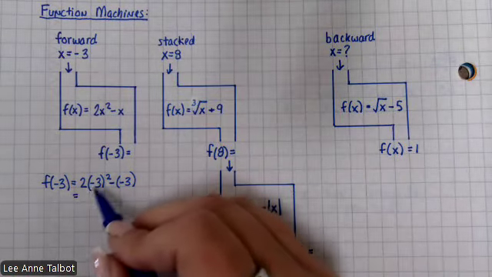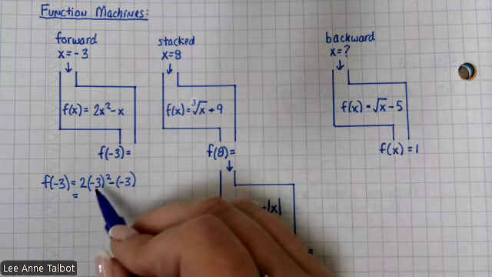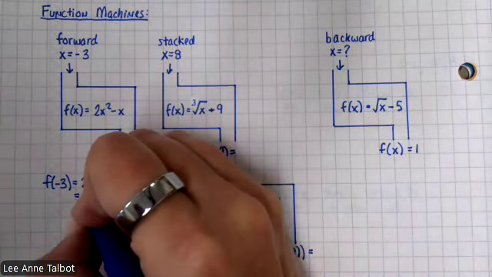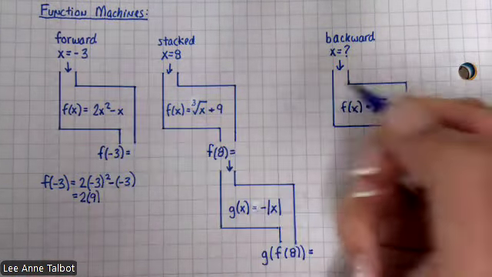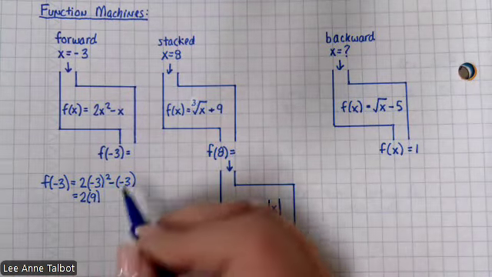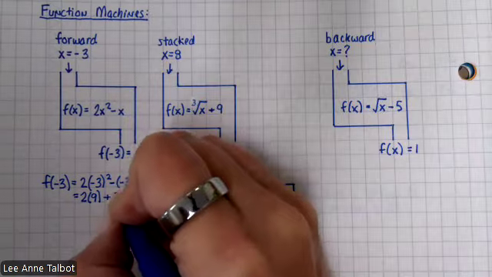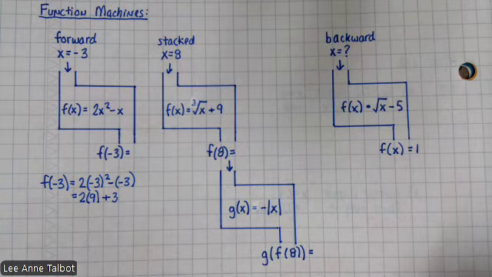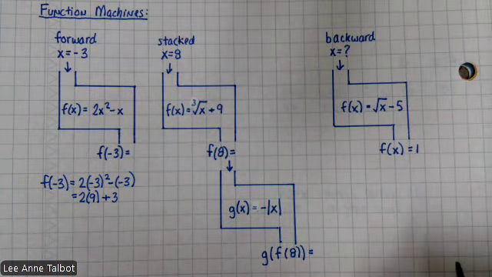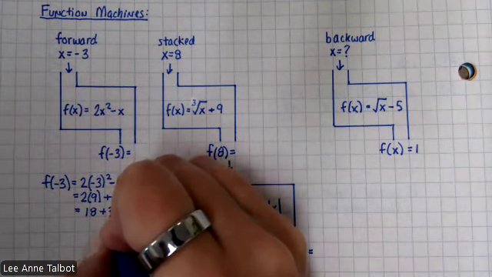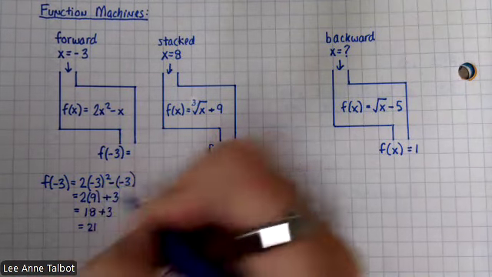Okay, now I want to remind you that a negative times a negative is a positive, and that you do the exponent first. So this becomes 2 times 9, positive 9. And then minus a -3 becomes +3. So when you have minus a negative, it becomes plus. 2 times 9 is 18 plus 3 is 21.